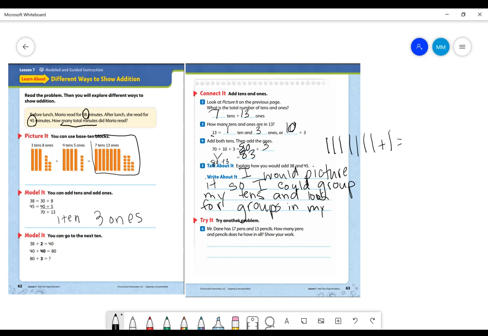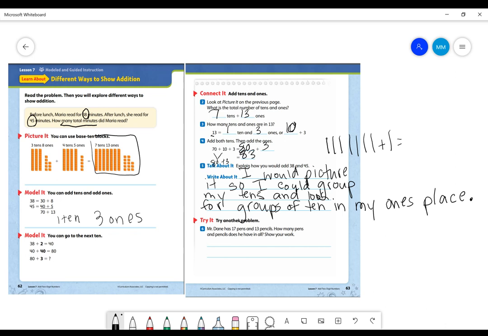So visualizing it, picturing it, helps me see if I have any groups of tens, so I can group my tens and look for groups. I need to read what I'm writing. Groups of 10 in my ones place. All right, and I end my explanation with a period.